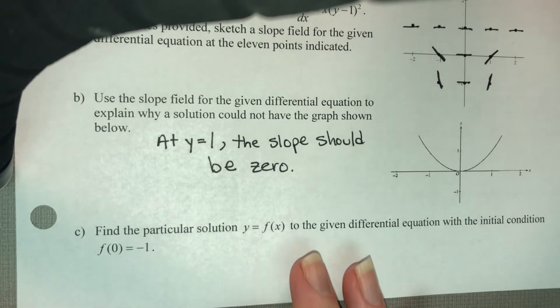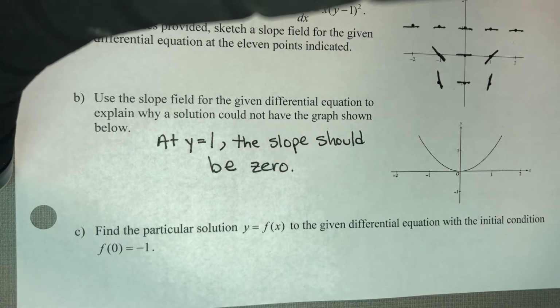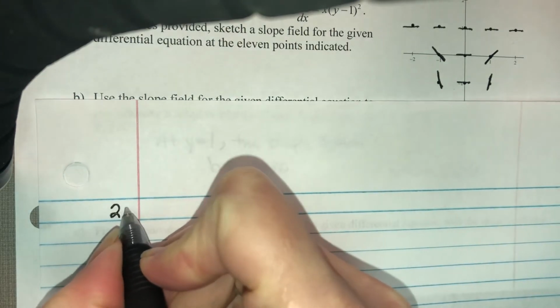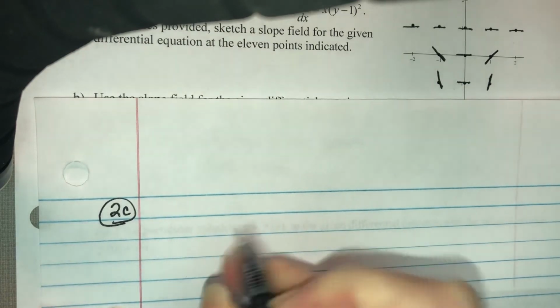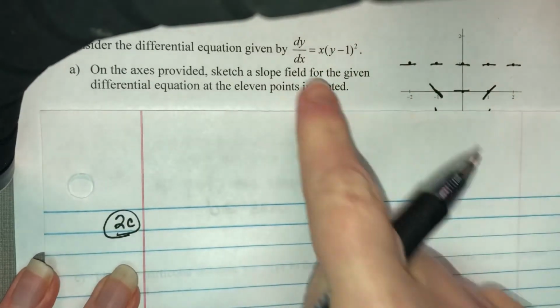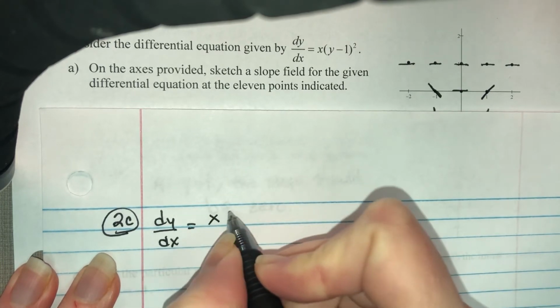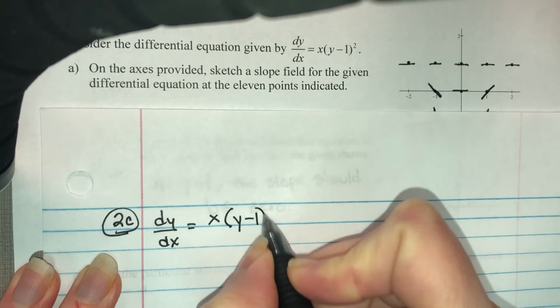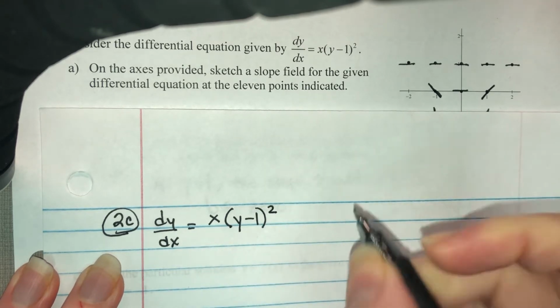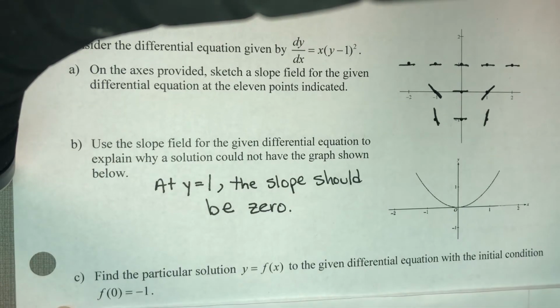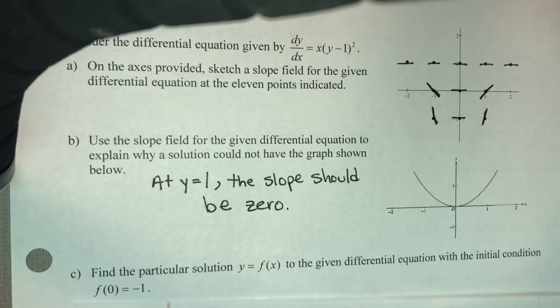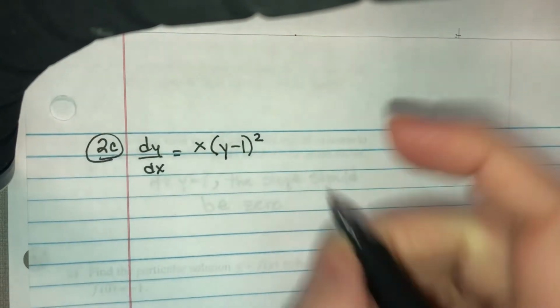So this is the same instruction that it gave you on number 1, part C. So we're going to do the same thing again for number 2, part C. We have the differential equation here, dy/dx equals x times the quantity y minus 1 squared. And do they give us a point? Oh yes, f of 0 equals -1. So 0 for x, -1 for y.